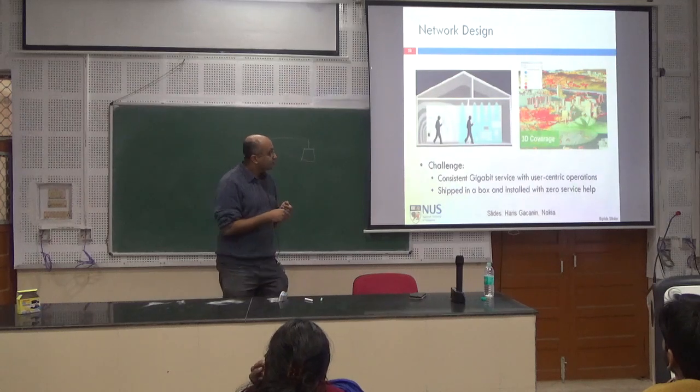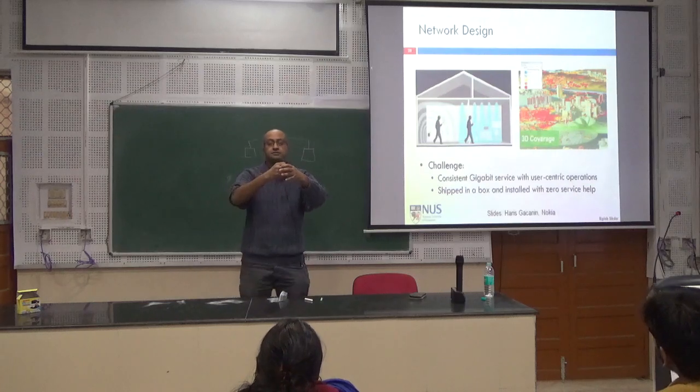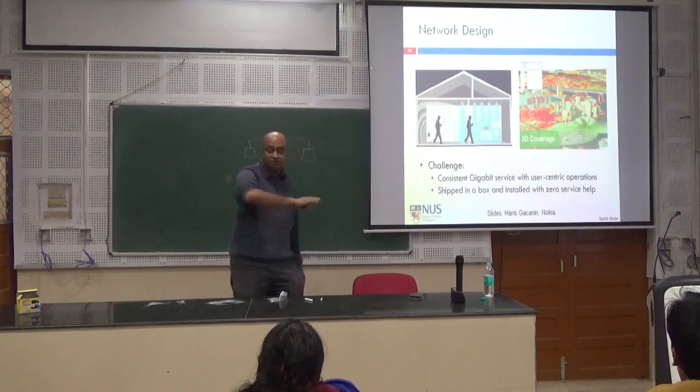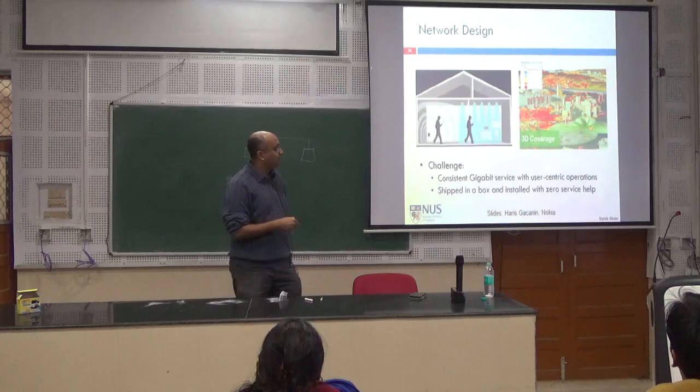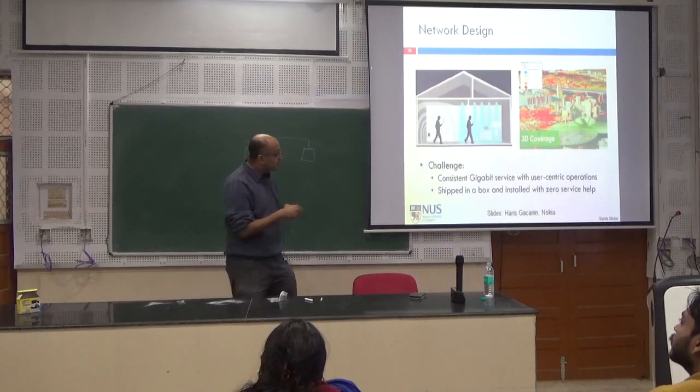So these red dots here sort of tell where the coverage is. Ideally, I want it to be uniform everywhere. And if you have a building with many floors, all floors should have coverage. It shouldn't be that only the top floor or the ground floor has it. So these are complicated things.